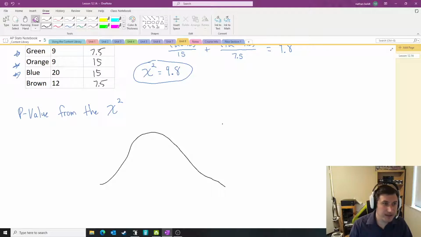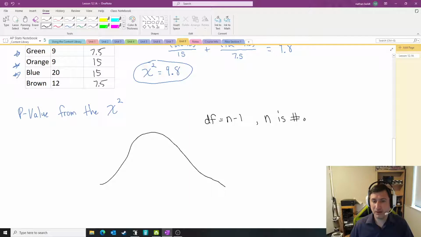And this chi-squared distribution is based off of how many degrees of freedom our scenario has. And the degrees of freedom, shocker, is n minus 1. But this time, n is not the sample size. n is the number of categories.